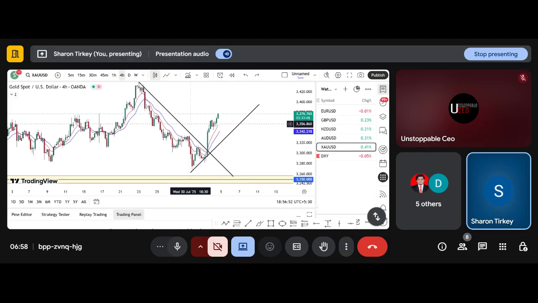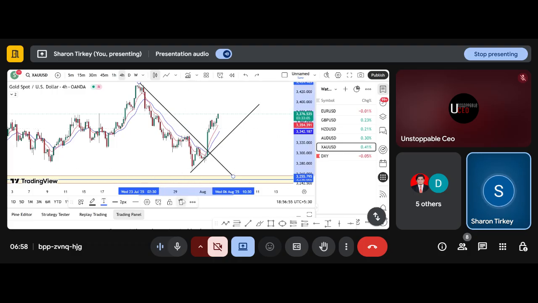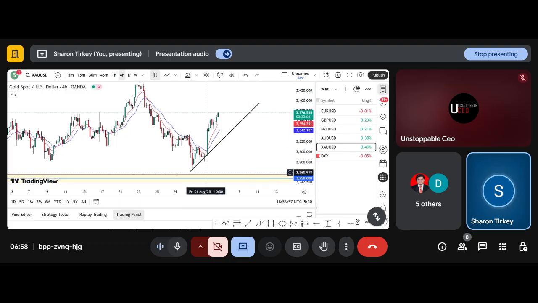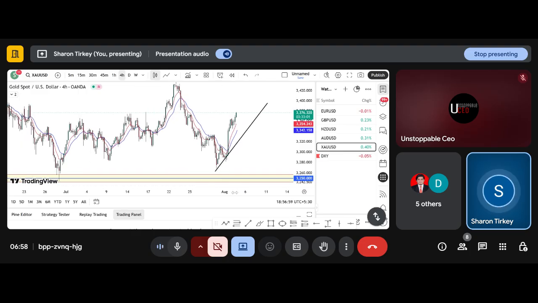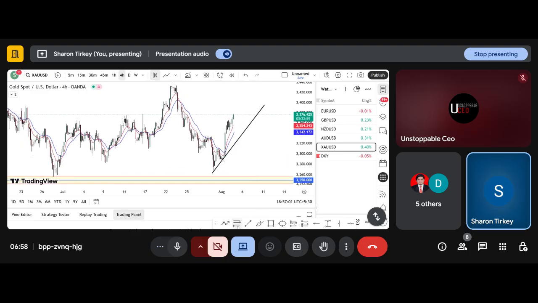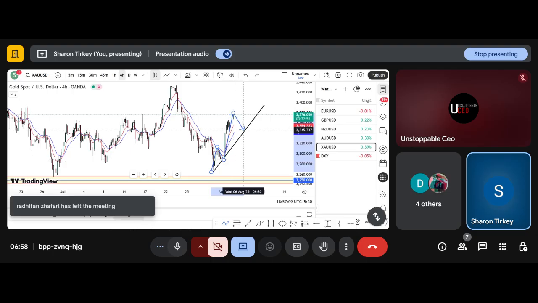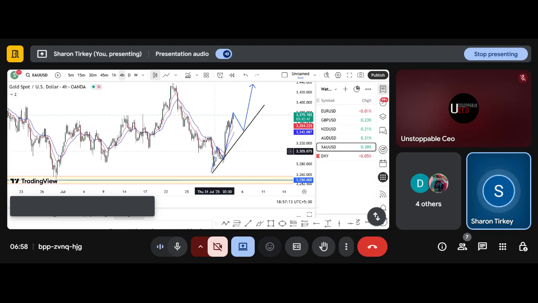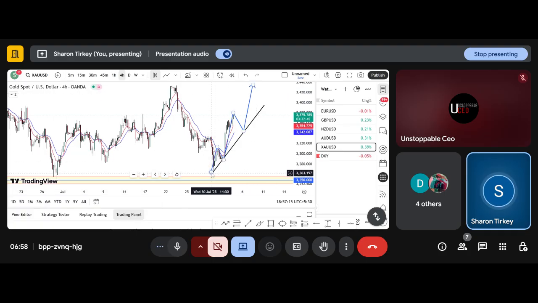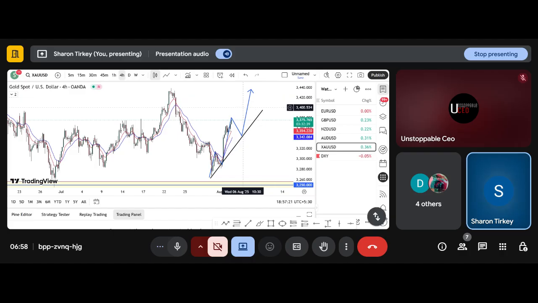Now you should know about the structure for an uptrend, because here the trend is offside. The structure for an uptrend is, you see, this is the uptrend: lower high, higher low, higher high, higher low, higher high, higher low here, then this is a higher high.